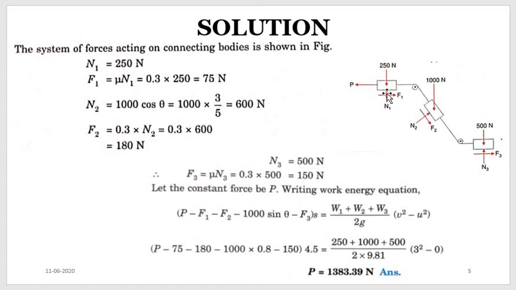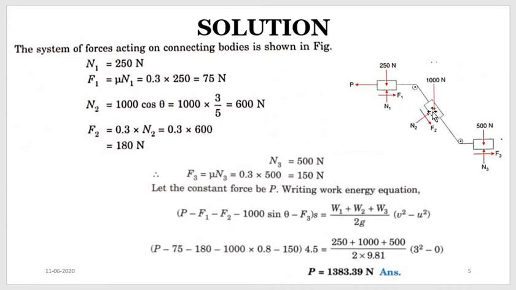So here towards the left side, the entire system moves. That means you need to consider any force acting towards the left side as a positive force. So any force acting in the direction of motion is considered to be a positive force. So keeping that in mind, if you write the net force acting in the system, it will be P minus F1. Here it is the opposite force. That F2 is another opposite force, so minus F2.